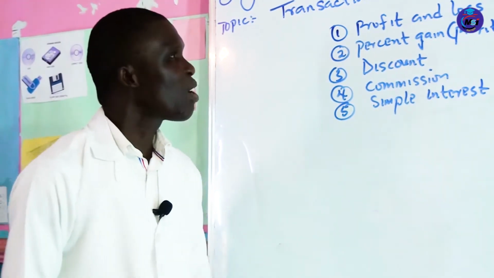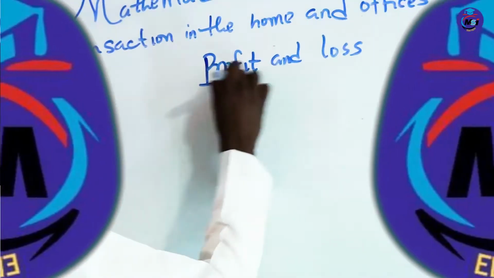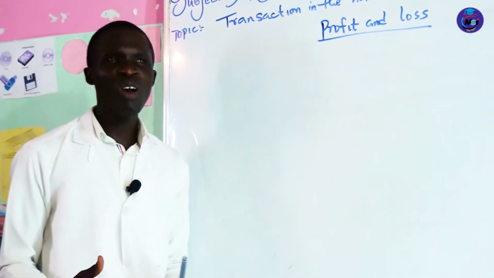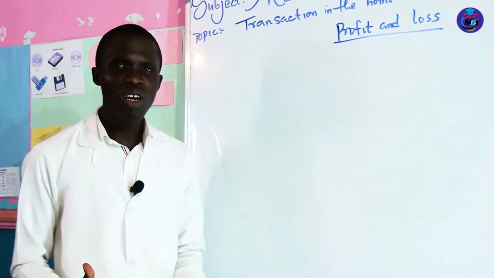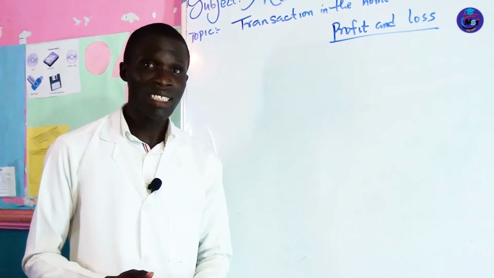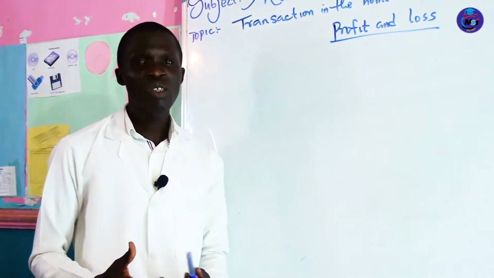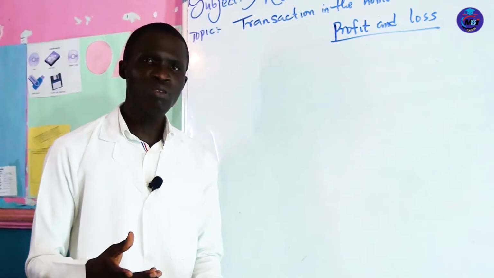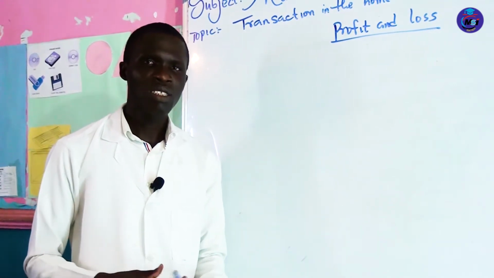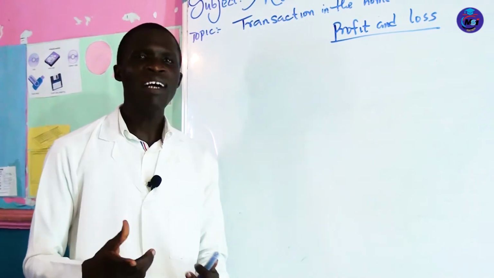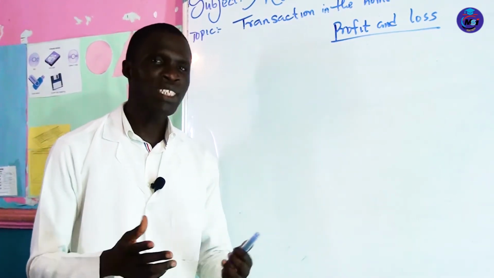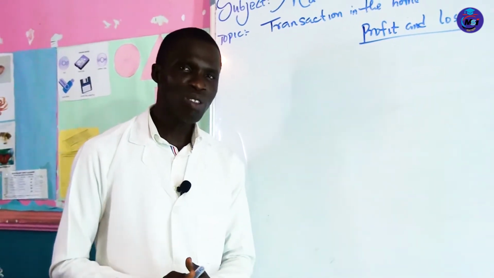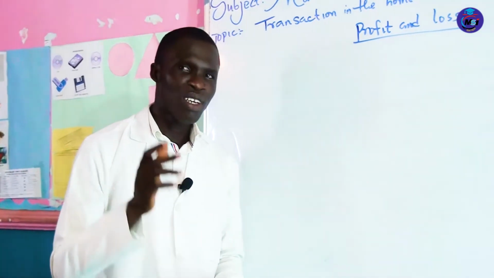Okay, let's start with profit and loss. What is profit? Think about someone into a particular business, and you have 20 naira. You want to go into business, and you bought a bag of pure water for 20 naira, and at the end of the day you sold it out for 25 naira.